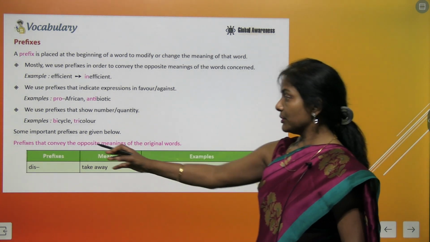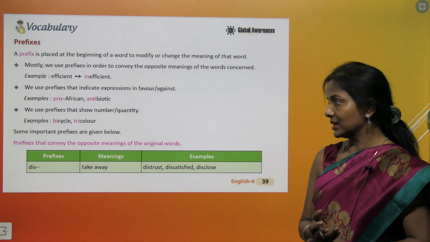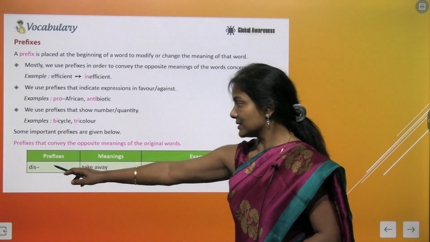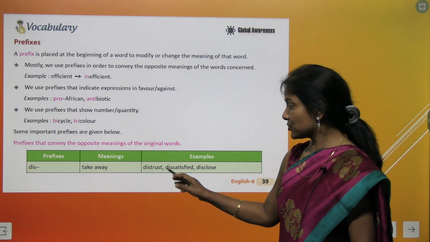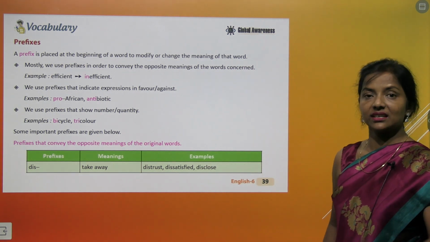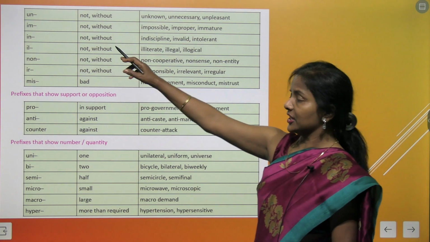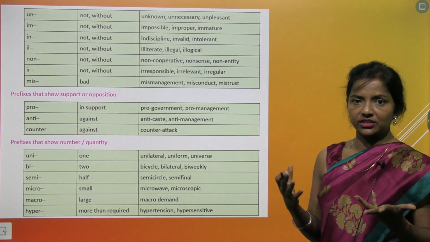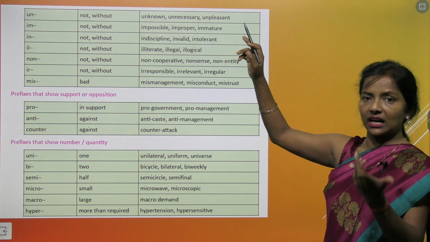Let's read it. Prefixes that convey the opposite meanings of the original words. Now, prefixes are dis, meaning take away. Examples: distrust, dissatisfied, disclose. Now, next is un. Un means no, not, without. So, unknown, unnecessary, unpleasant. These words were formed with the un prefix.